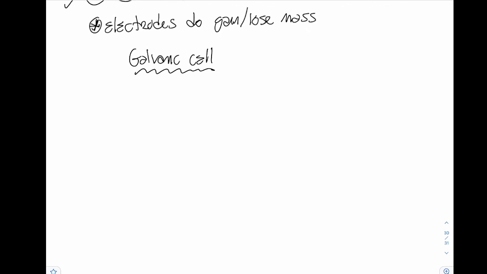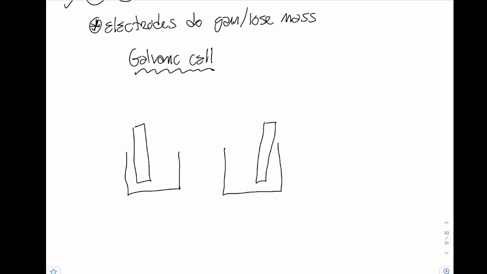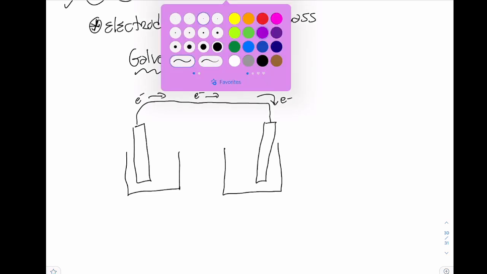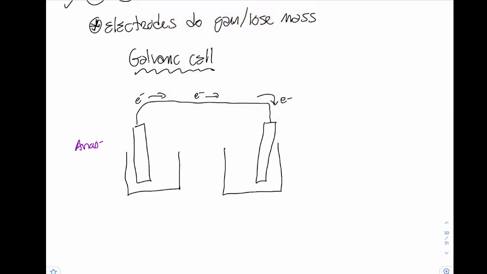So looking at our galvanic cell, I'm just going to use the zinc and copper example that we had previously, and do a really quick rough sketch here of a galvanic cell. I have my electrodes, they're connected by a wire. My electrons are moving across the wire in this direction. This is my anode over here. This is my cathode.